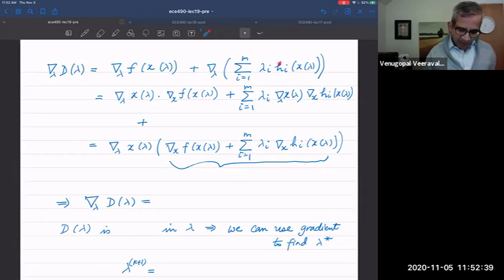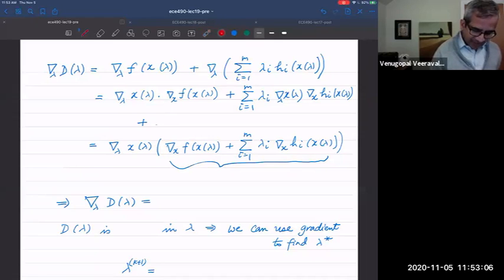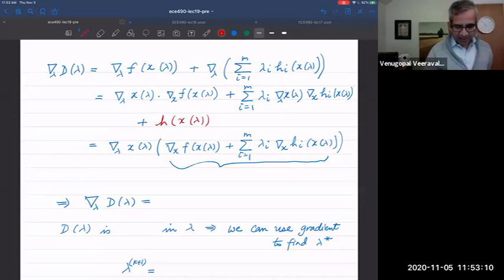What's missing is that when you fix the hi of x lambda and then take the gradient with respect to this coefficients vector lambda, what do you get then? Anyone? What's the last term? h of x lambda. Just h of x lambda, very good. It's just the vector h of x lambda.